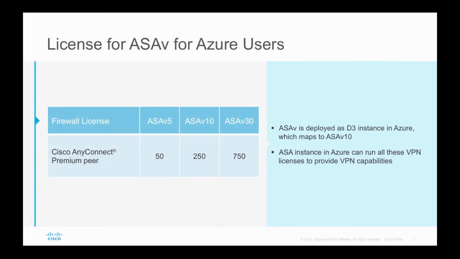In Azure, ASAv maps to a D3 instance, which is equivalent to ASAv. On the VPN capability side, we have a license for 750 peers. So when you install the license on ASAv in Azure, you can go up to 750 peers, but your instance will map to ASAv 10.